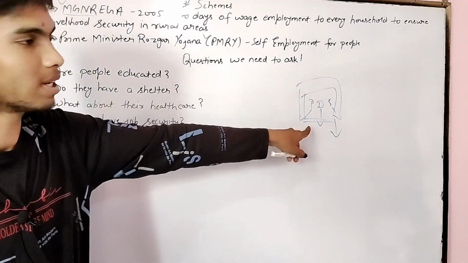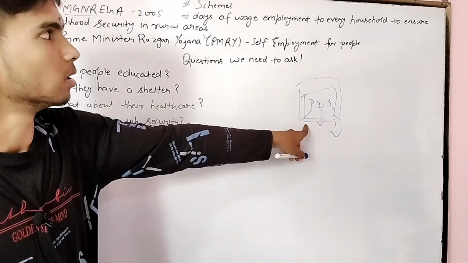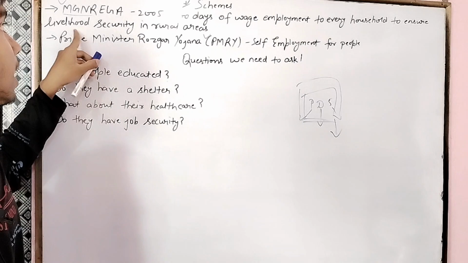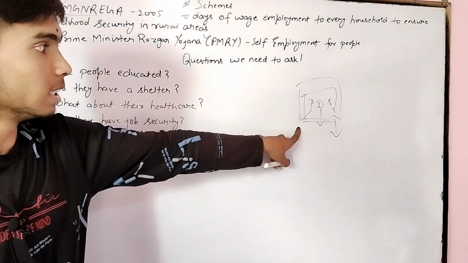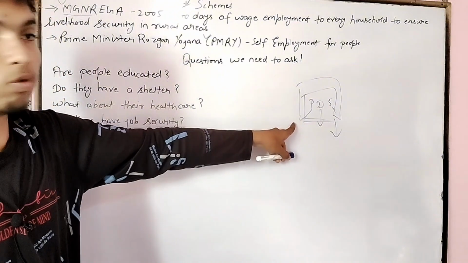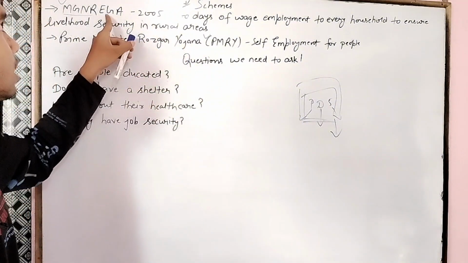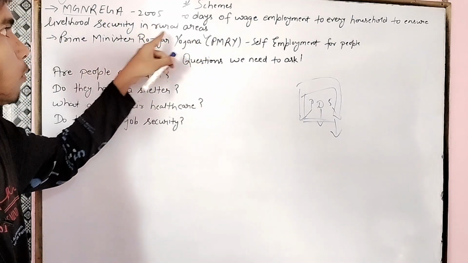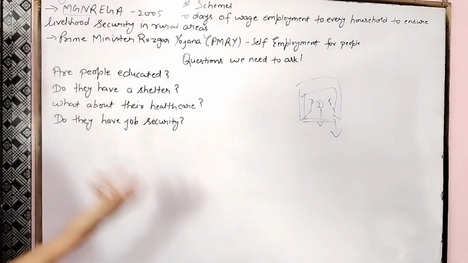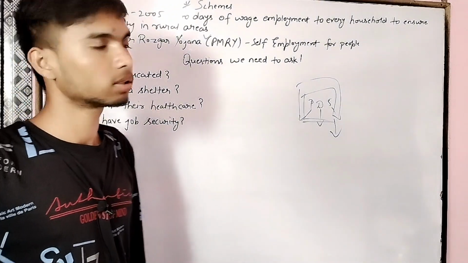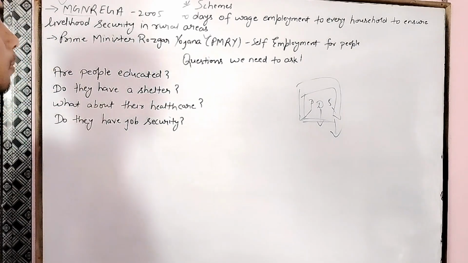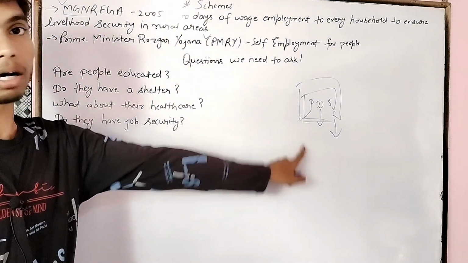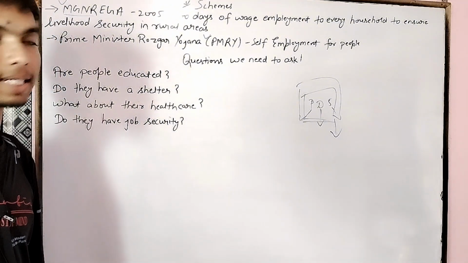In the earlier scheme, I was telling you, it will ensure food security, whereas this scheme will ensure livelihood security. This scheme is made for rural people, not urban people, because in rural areas there is a lot of lack of facilities.